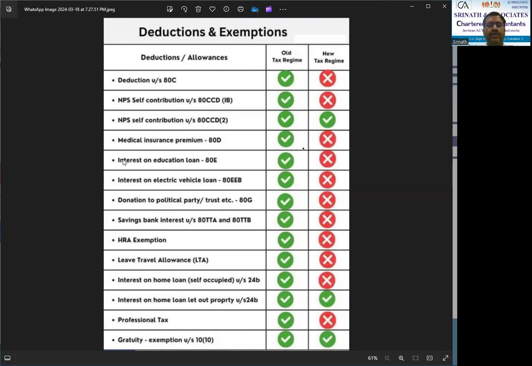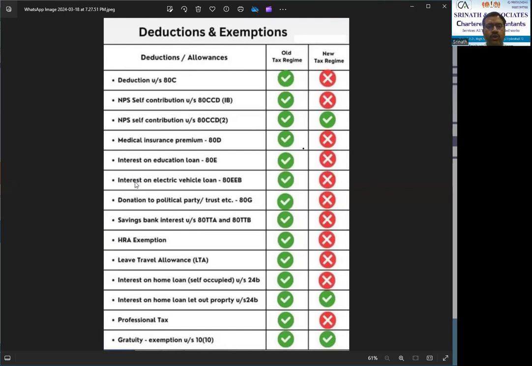Similarly, deduction under section 80E, which talks about interest on educational loan, is once again available only under the old scheme, but not under the new scheme. Next, deduction under section 80EEB, which talks about deduction towards interest on vehicle loan, which is nothing but electric vehicle loan.